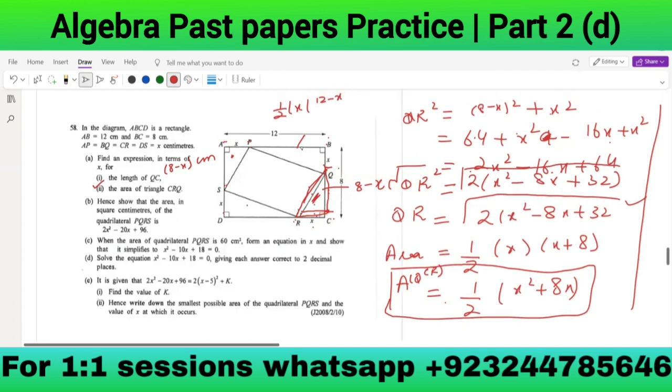Because half length into breadth, and the breadth will be 12 minus x, and length is x. So x into 12 minus x, so it would be 1 by 2 into 12x minus x squared. Okay, so we get the area of this triangle. So we can just multiply by 2.